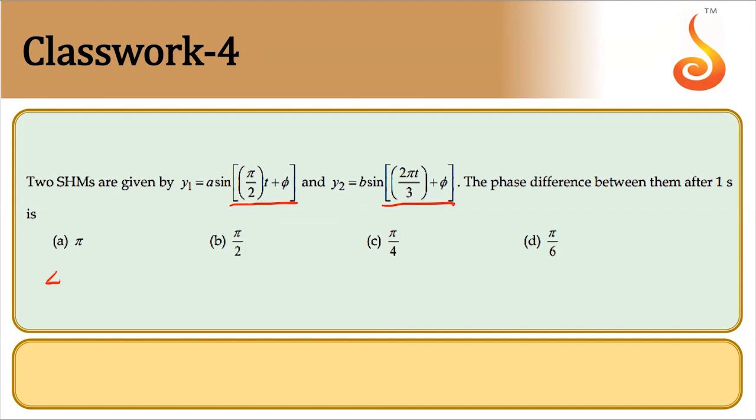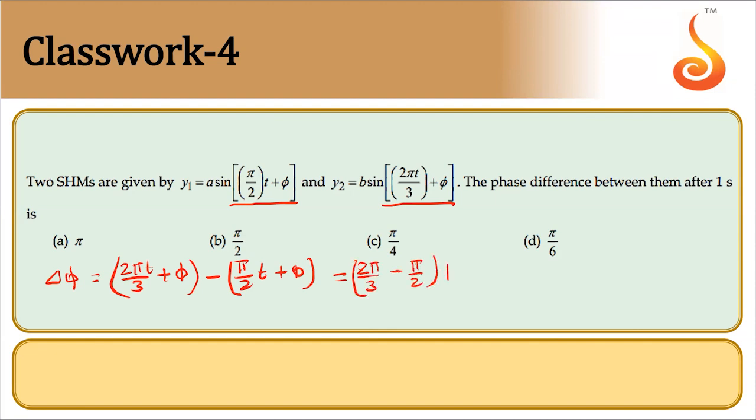So delta phi is what? 2 pi t by 3 plus 5 minus pi by 2 into t plus 5. So that will be, 5 gets cancelled. 2 pi by 3 minus pi by 2, into t. So LCM will be 6.